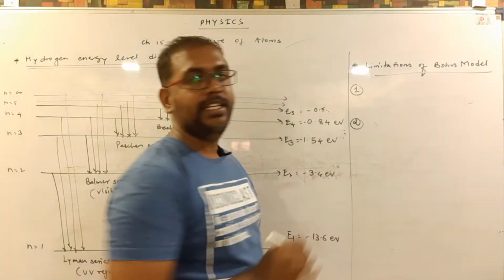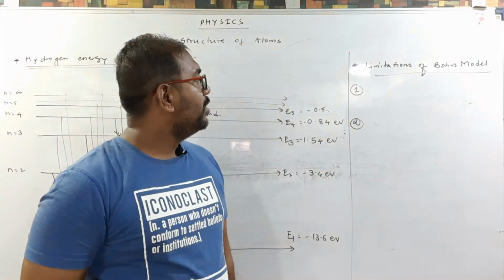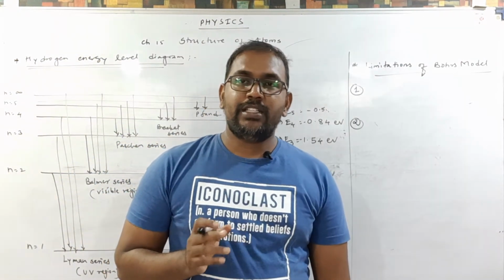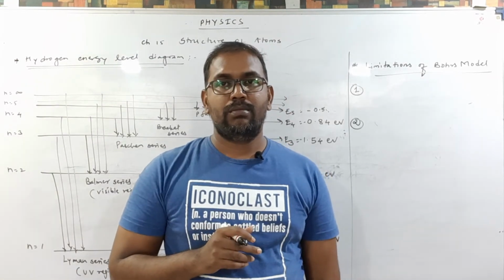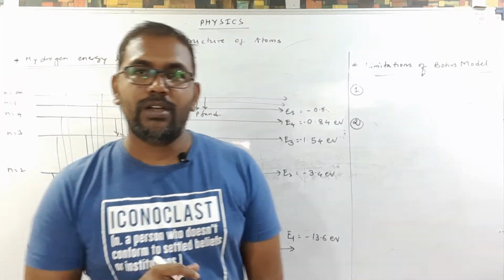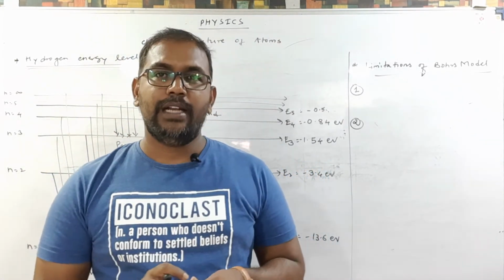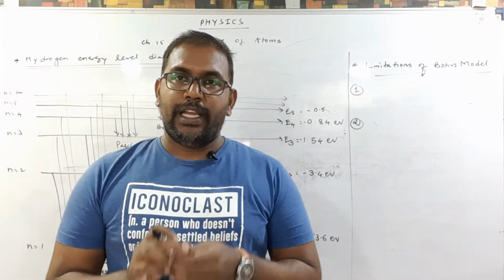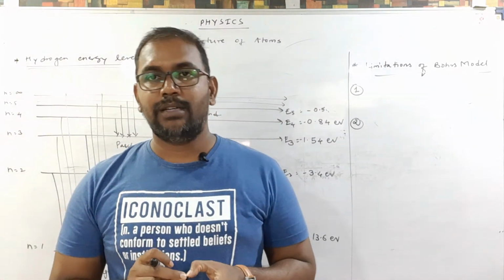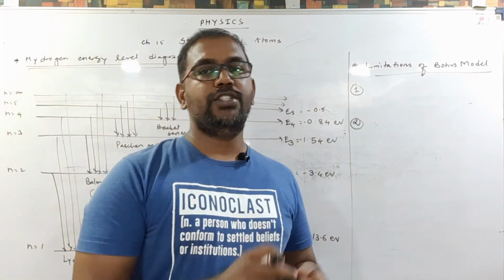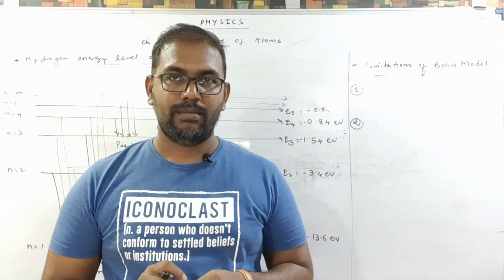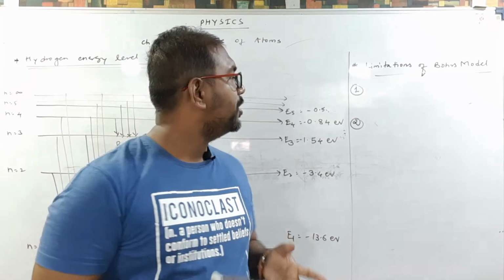The second limitation is that Bohr's atomic model is theoretically not completely satisfactory, because it is assumed that the atom is stable only when particular conditions are followed.